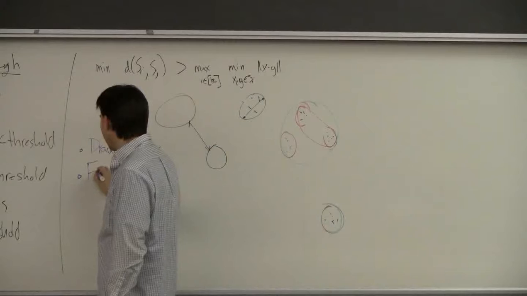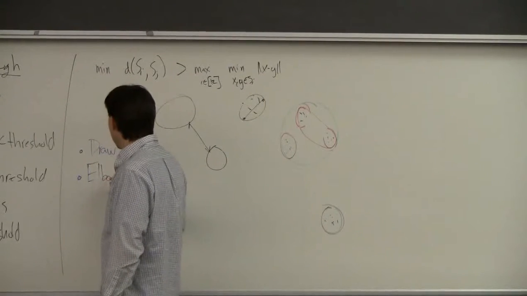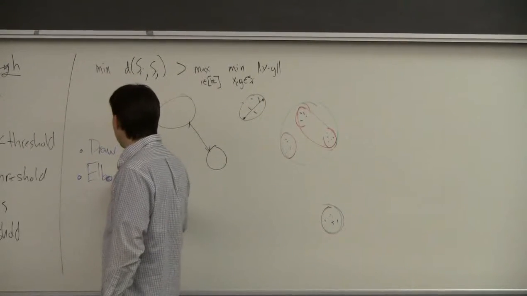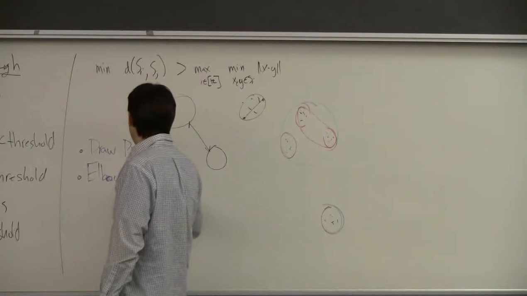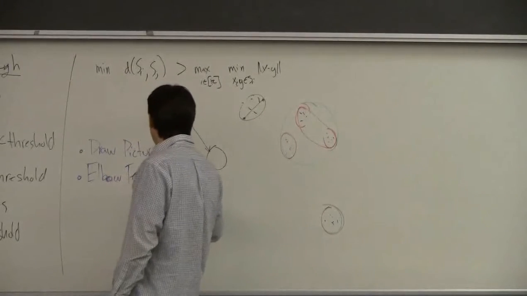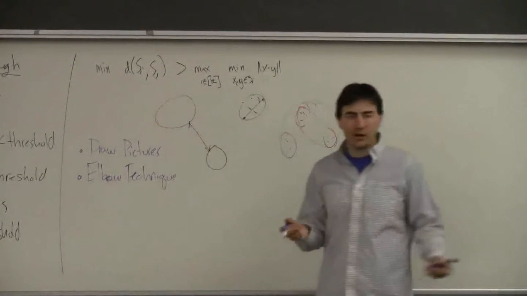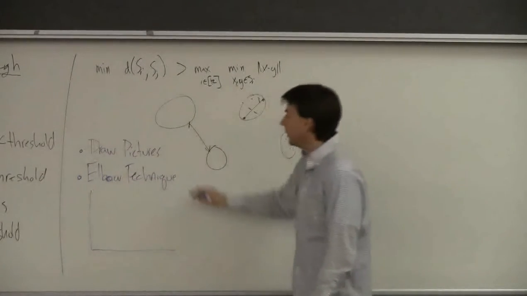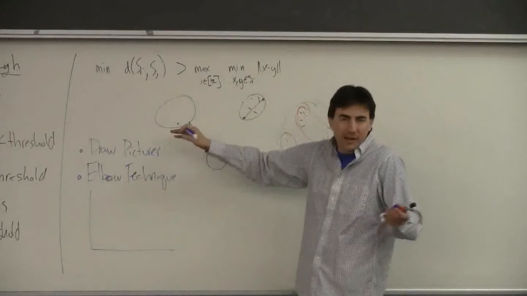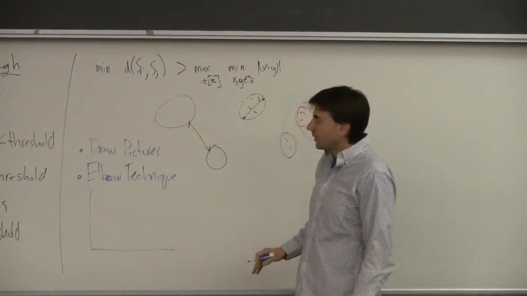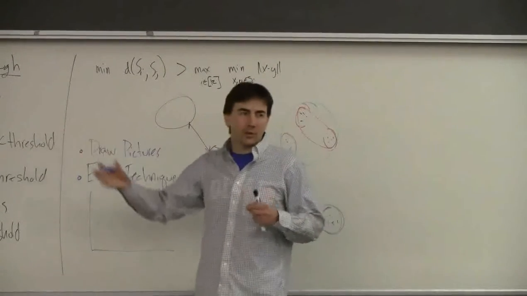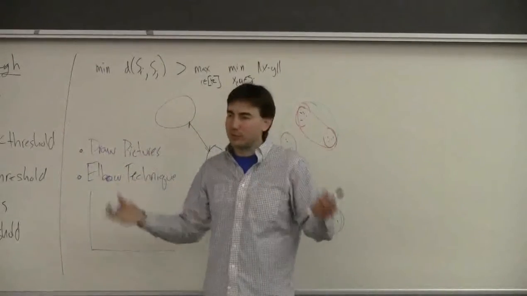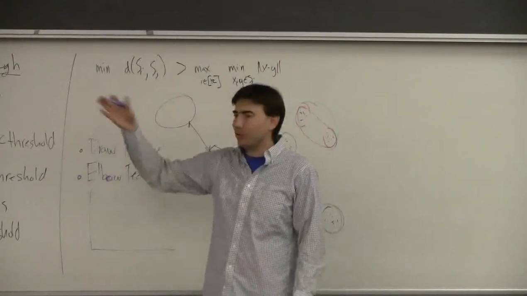There's this general technique called the elbow technique that often works fairly well. It's drawing a picture, but this one requires some sort of embedding of the points. All the pictures I'm drawing are with points in 2D. Most times when people talk about clustering, they show points in 2D.